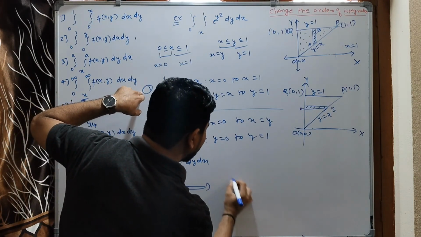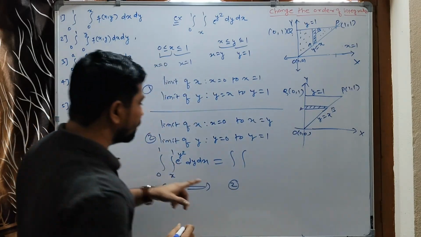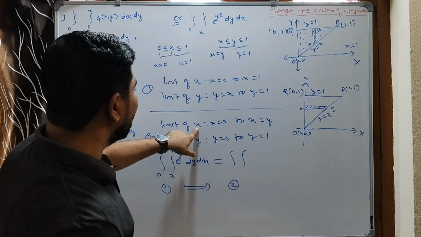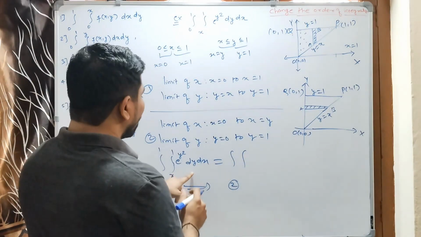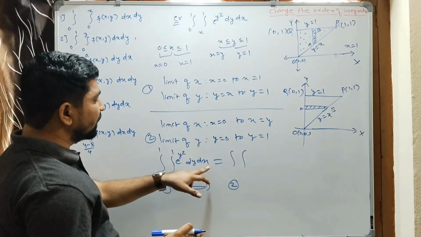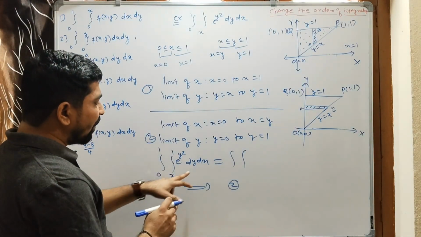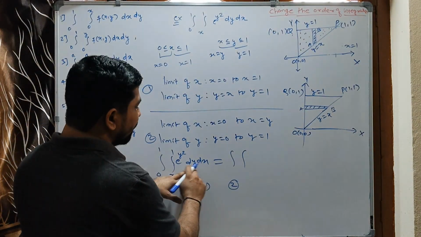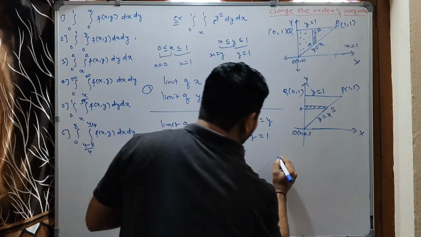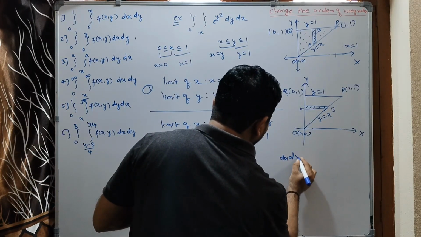Now I write it with respect to the second. Here we first integrate with respect to dx and then dy, so in place of dy dx I make it dx and then dy.